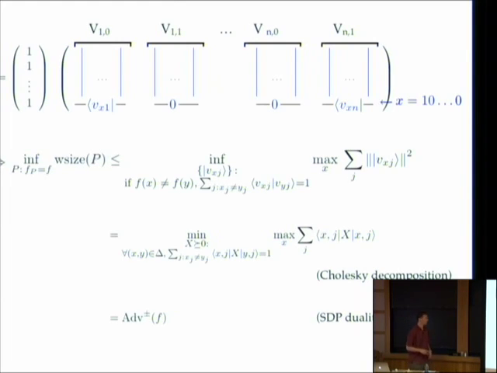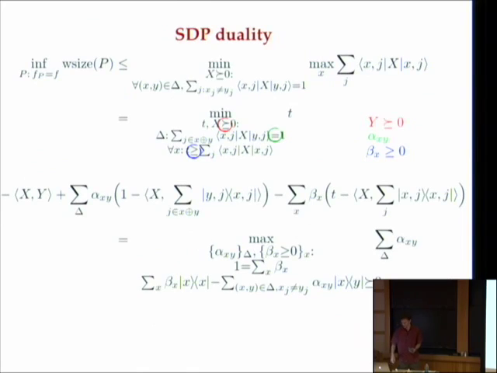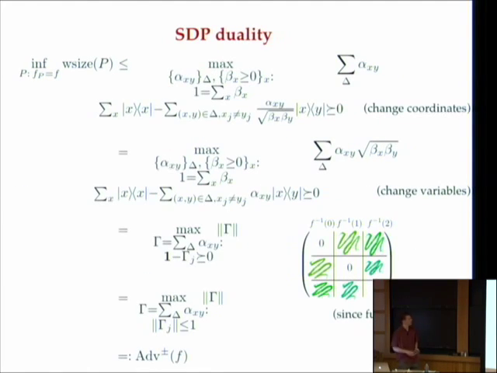You take the dual of this SDP, you're going to end up with the adversary bound. You can either believe me or you can look at this slide. I recommend believing me. So I just take the dual, I introduce variables for all the equalities and inequalities. I change the variables twice, here and here. And this term here, it's simple to see, looks like this.